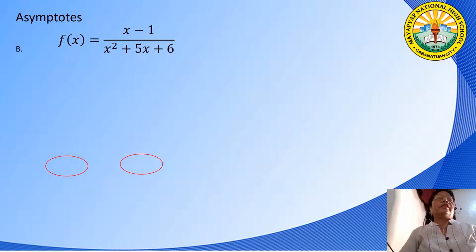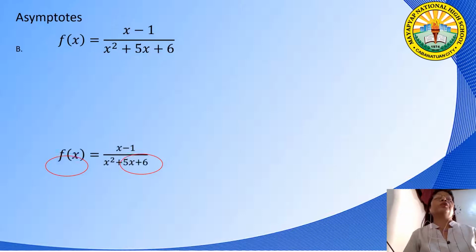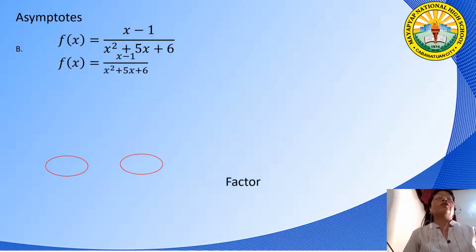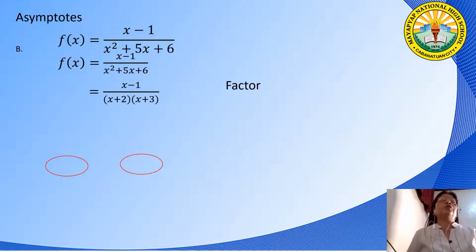Okay, another example, f of x equals x minus 1 over x squared plus 5x plus 6. In finding the vertical asymptote, first is to factor. The numerator x minus 1 is not necessary to factor, while the denominator is factorable. The factors are quantity x plus 2 times quantity x plus 3.